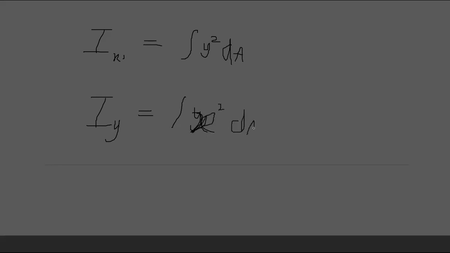The second moment of area is something special. Ix is given by the integral of y squared dA, and Iy is given by the integral of x squared dA, right?